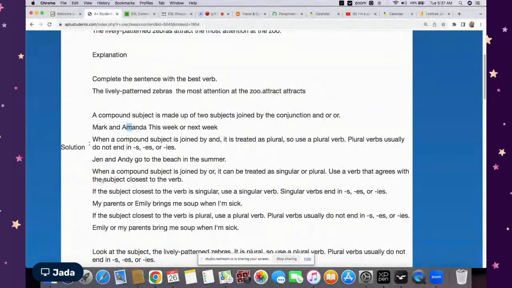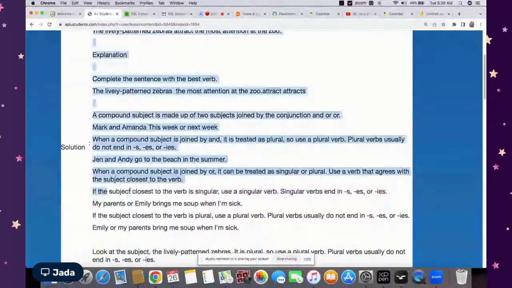But when the compound subject is joined by or, it can be treated as singular or plural, just like this week or next week. So it can be treated as either singular or plural. Once you see or in the sentence, you need to use a verb that agrees with the subject closest to it.